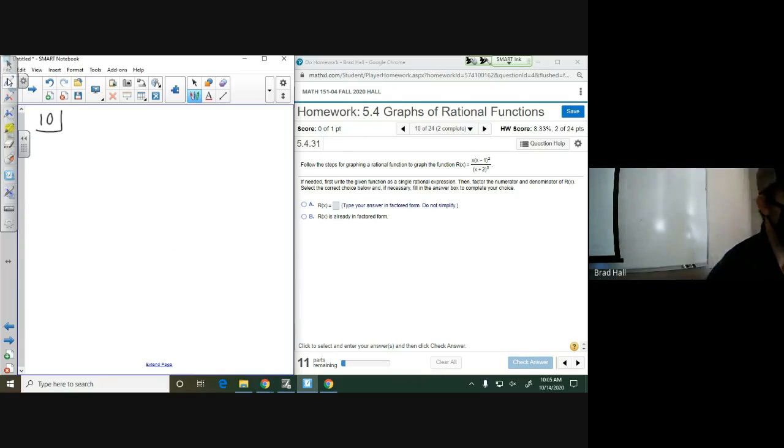Okay, so the function is x times (x minus 1) squared, divided by (x plus 2) to the third.